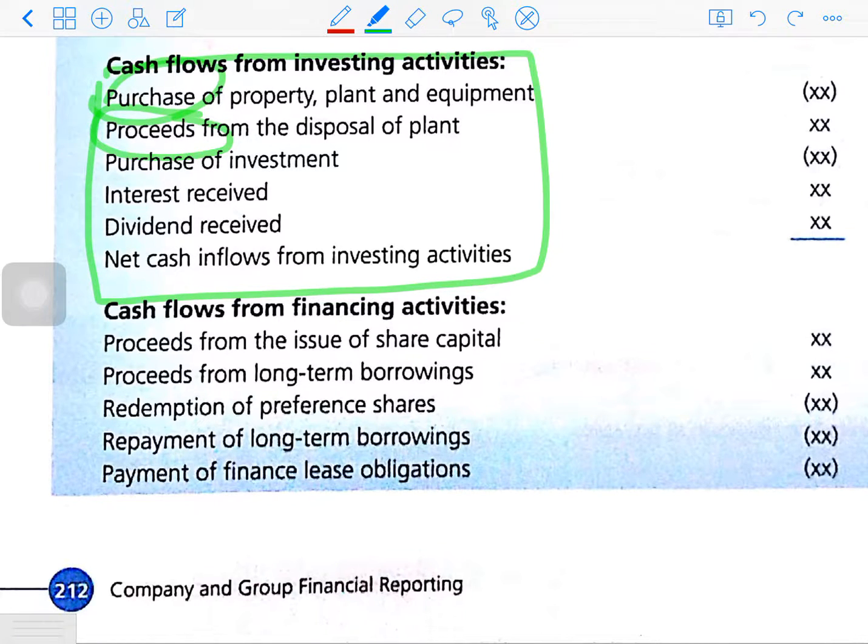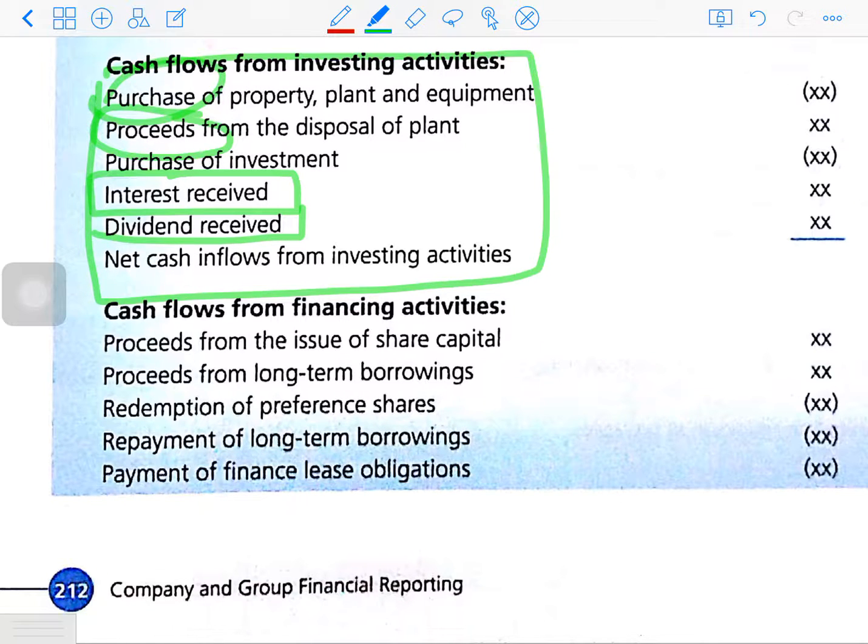So interest received is one of the items normally available in your investing activities. Dividend received is one of the activities where you receive money coming in from your investment, if you are investing in other companies, ordinary shares or preference shares. Okay, so these are some of the activities or items inside investing activities.